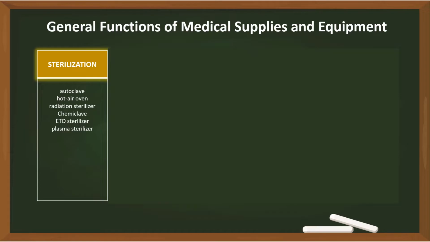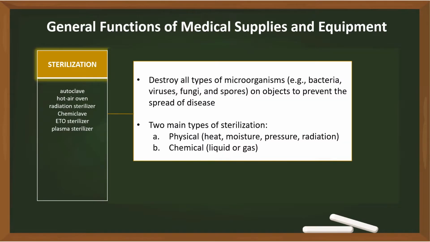First, we have sterilization equipment, which destroy all types of microorganisms on objects to prevent the spread of disease. Sterilization equipment involve either physical or chemical methods.